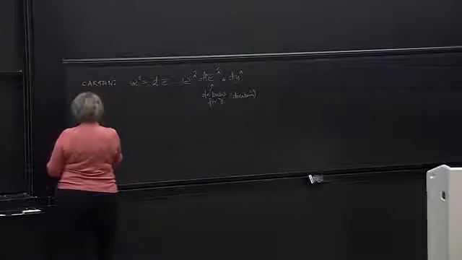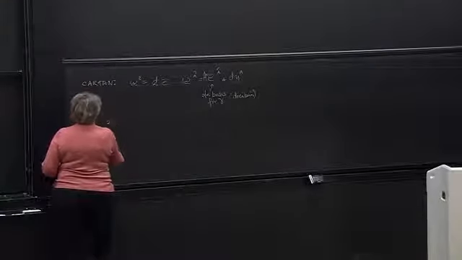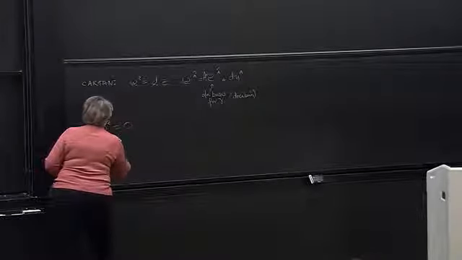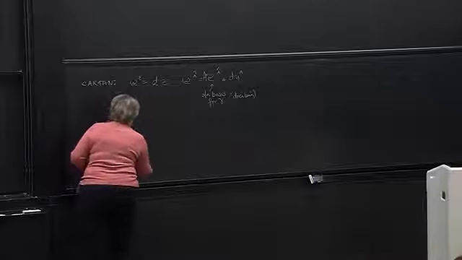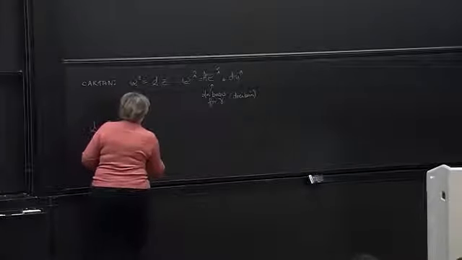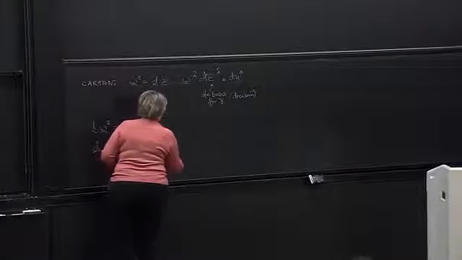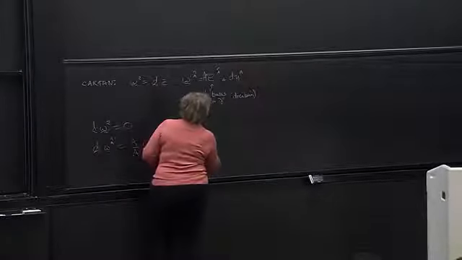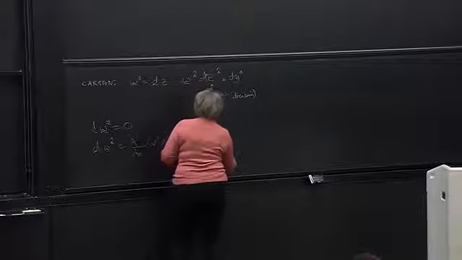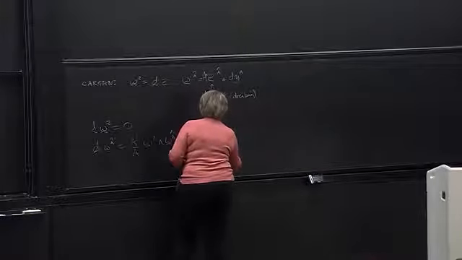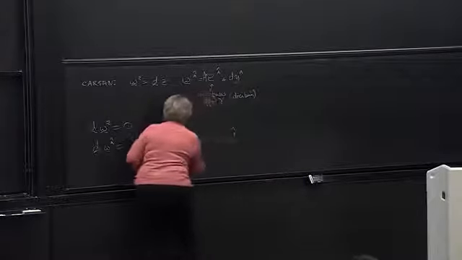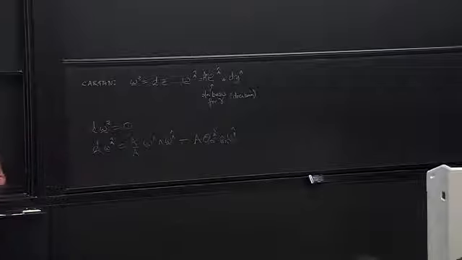So I compute my connection. D omega z is 0. D of omega a hat is a primed on a omega z wedge omega a hat plus... so I have two things to differentiate when I differentiate omega a hat.